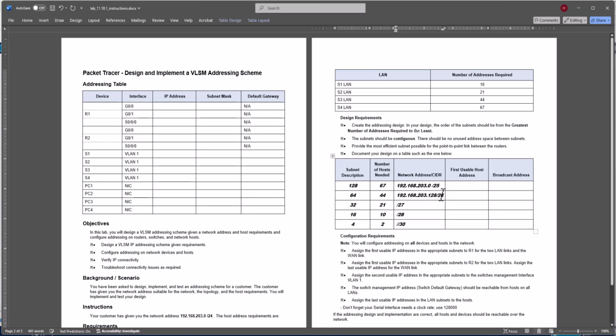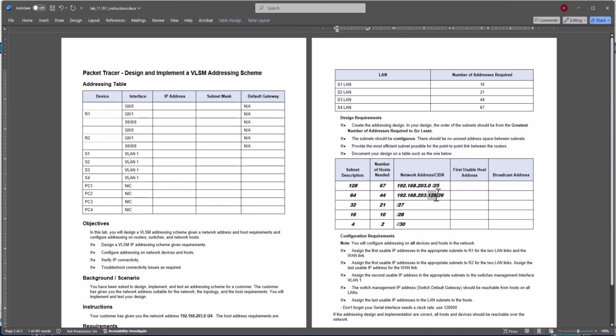We can also check our work by starting at .0 and counting by 64s: a network of .0, .64, .128, .192, or .256, which is impossible. You can't have 256 as a network.